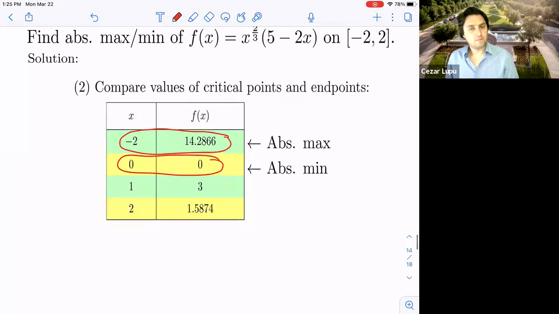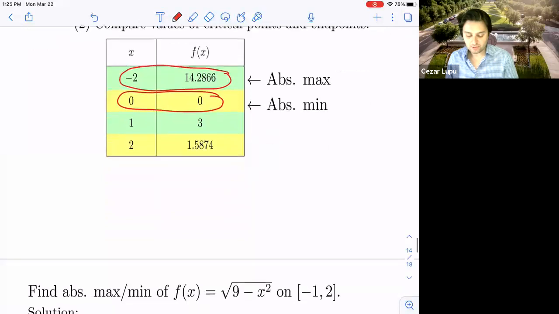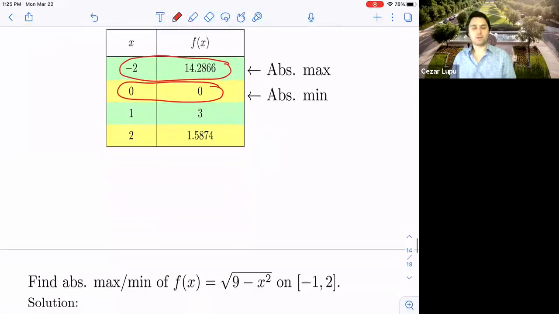Okay. If it does make sense, let me do another example. I'd like you to look at this one. So again, we want to find the absolute min and absolute max of this function this time. And I'd like you to think of it.